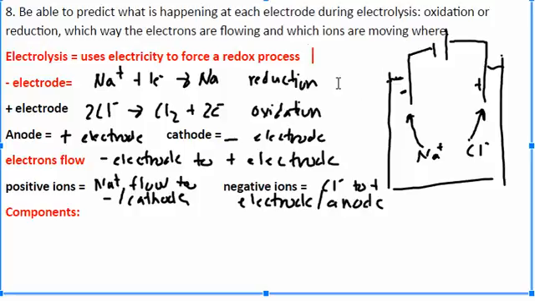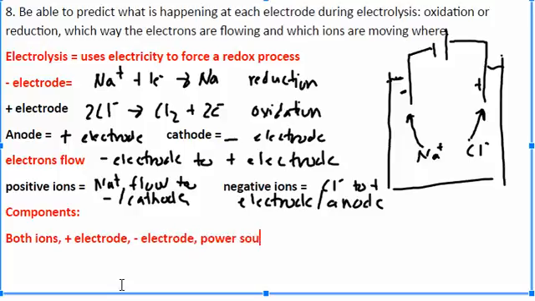And then the components. The components you have to include for electrolysis is you have to have both ions. You have to have a positive electrode and a negative electrode, and they should both be labeled.